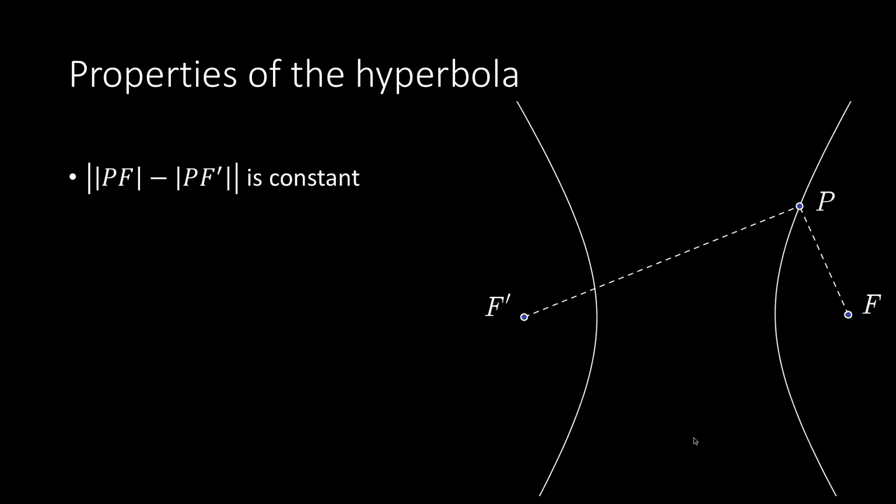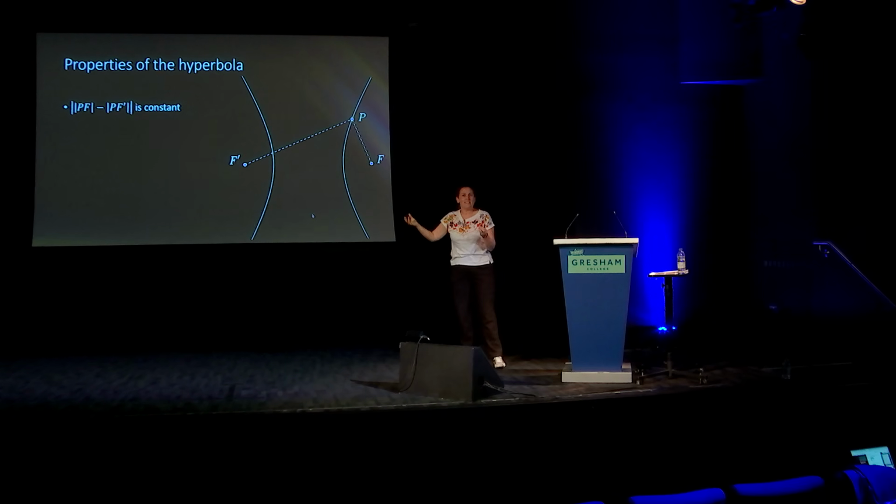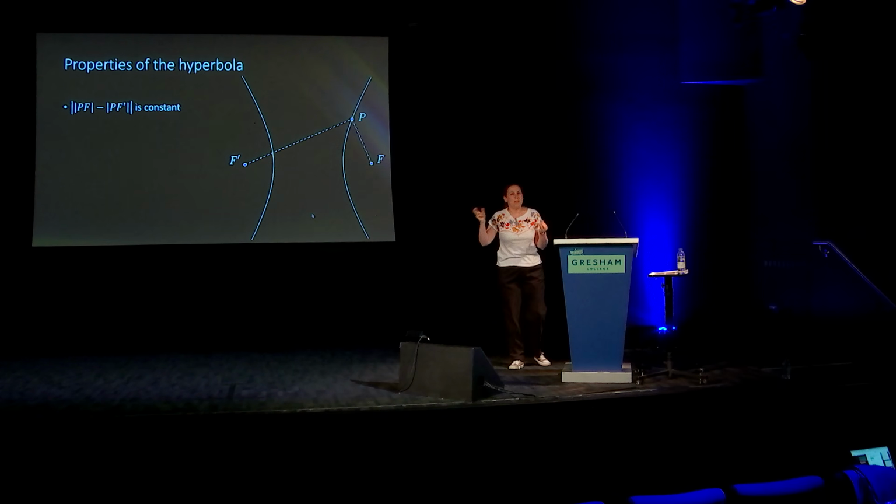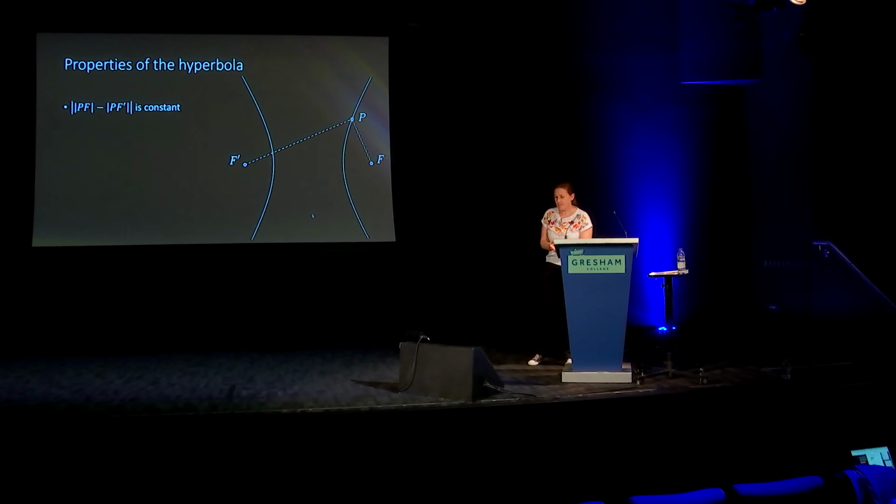And that's why you get 2 branches, because on one branch, one focus is closer, and on the other branch, the other focus is closer, but we only care about the size of that difference. So, if the distance to one of them is 1 and the other one is 7, then the difference is 6. We don't care if it's plus 6 or minus 6, right? So it's the difference of the distances with a hyperbola that is constant, and that sort of reflects that you've gone out the other side, through parabola and out the other side.